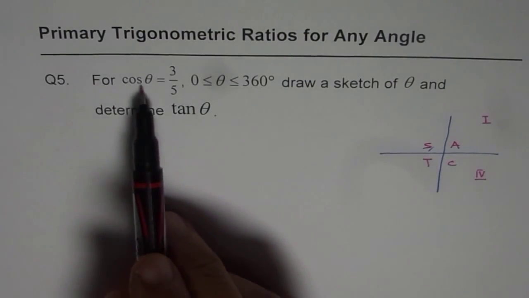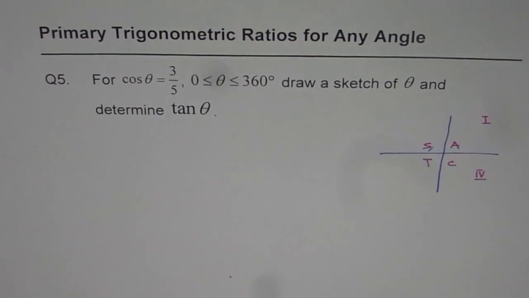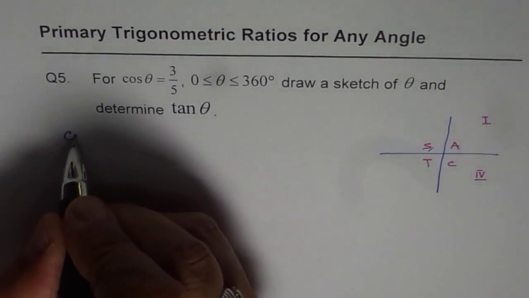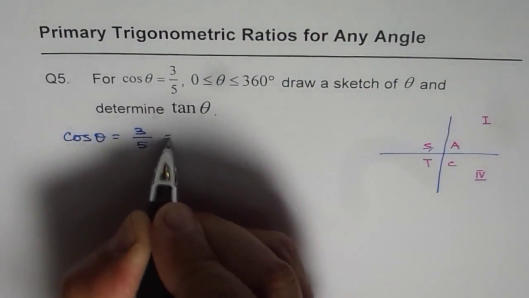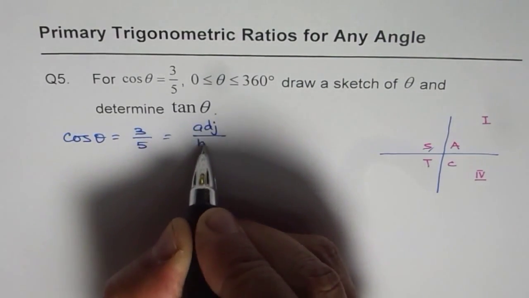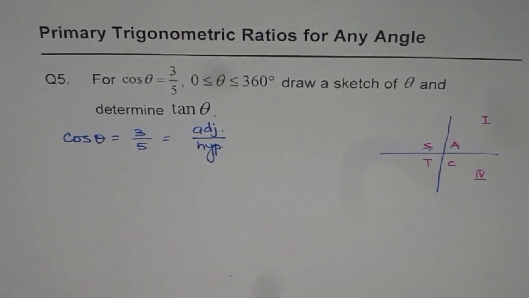It says cosine theta is 3 over 5. Now what is cosine theta? When we say cos theta equals 3 over 5, it basically means adjacent side over hypotenuse, in a right triangle.